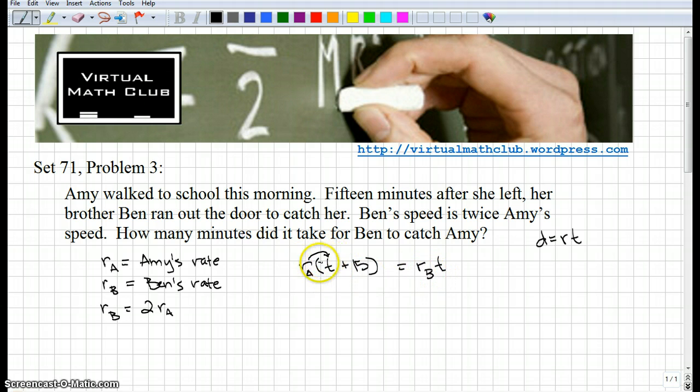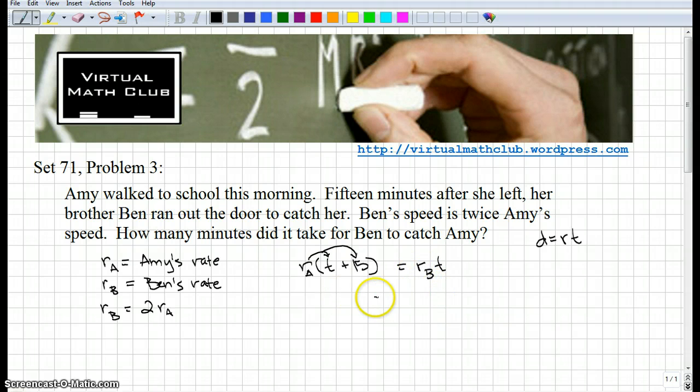If we distribute this, this is the RA times T is the distance she travels after Ben starts out, and RA times 15 is the head start that she has. So it's the position she's at when Ben starts out.